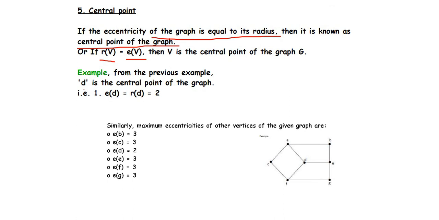So from the previous example itself, D is a central point of the graph, that is e of D is equal to r of D as well. So the center point is where the minimum eccentricity is attained, which is 2. So this is the center point of the graph, which is calculated from the eccentricity of a graph.